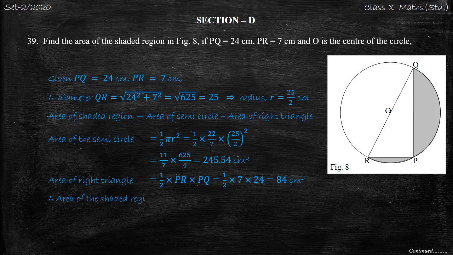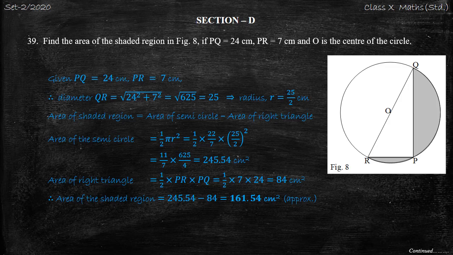Area of right triangle, you know, is half times base times height. So the area of shaded region is 245.54 minus 84.